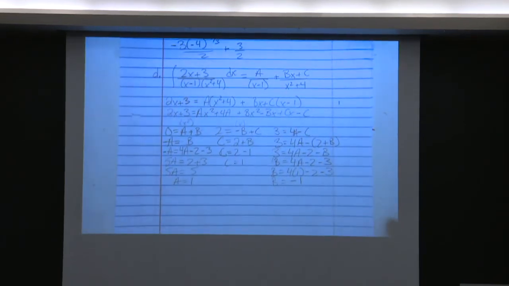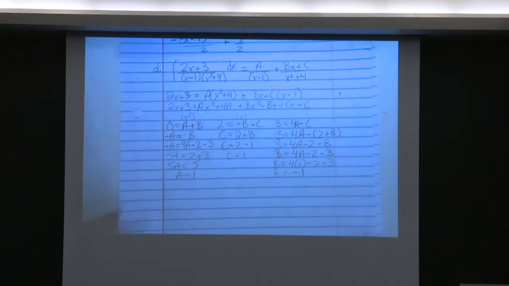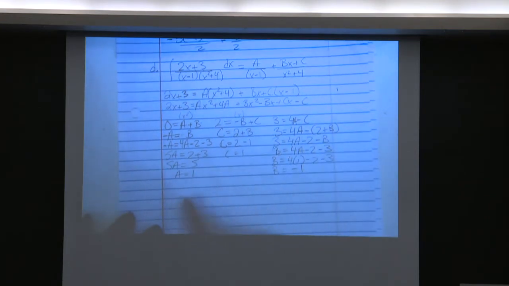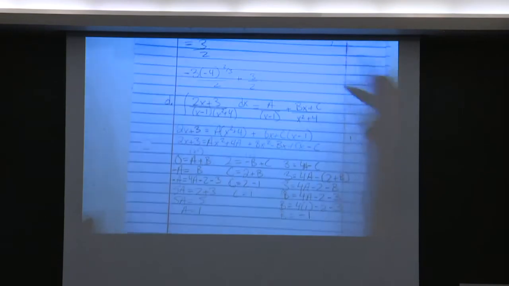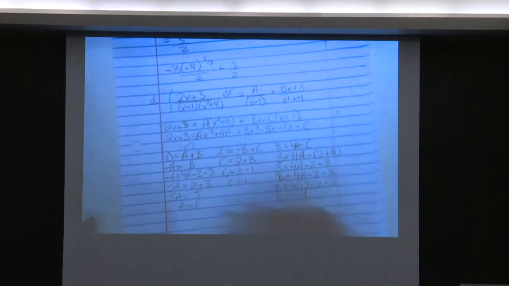Finish if you haven't, it's fine. But this is what my constants end up being. Did everybody get this? Everybody understand what I did? Just systems of equations. Okay, and then I just put those constants above the same equations that I derived from this integral.